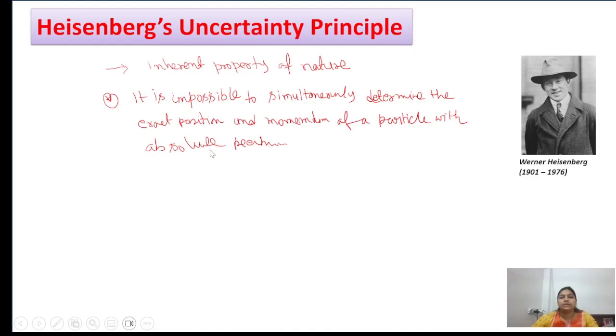So it is impossible to determine precisely and simultaneously the values of both members of a pair of physical variables which describe the motion of an atomic system.